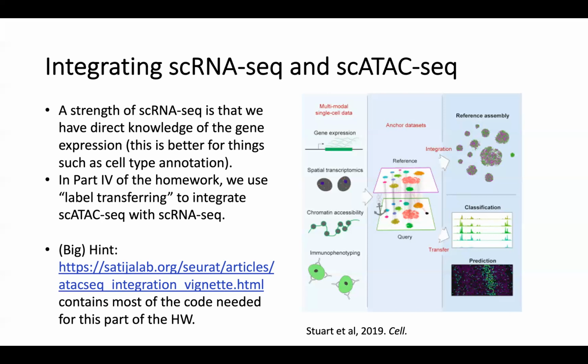This is the idea that you're going to use in part 4. If on the single cell RNA-seq reference you know what type of cells all these clusters are, you can just pass these labels to the single cell ATAC-seq.